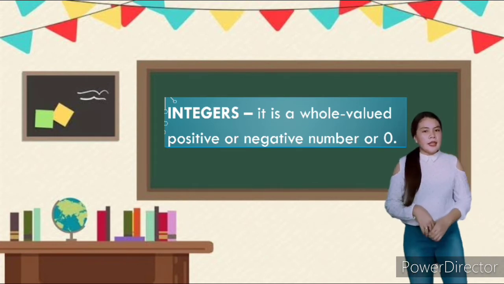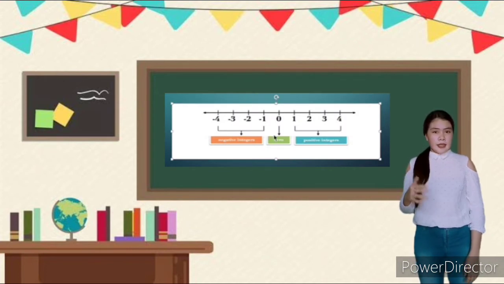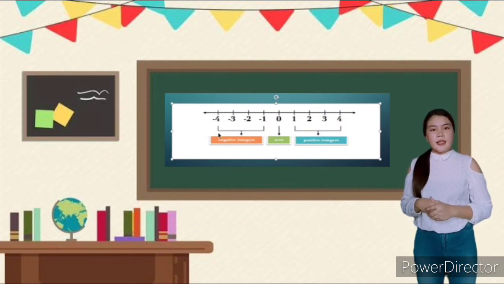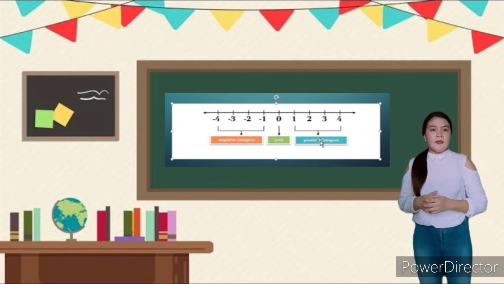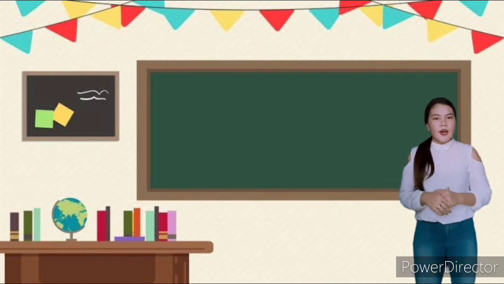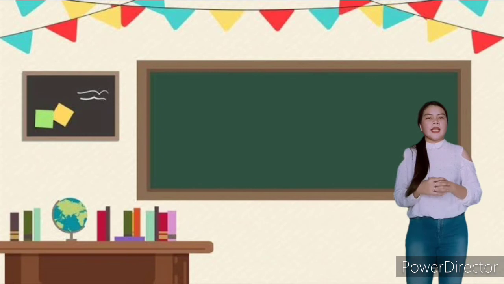In the number line, 0 to the left is a negative number or negative integer, while 0 to the right is a positive integer. Okay, did you get it, class? Okay, very good.